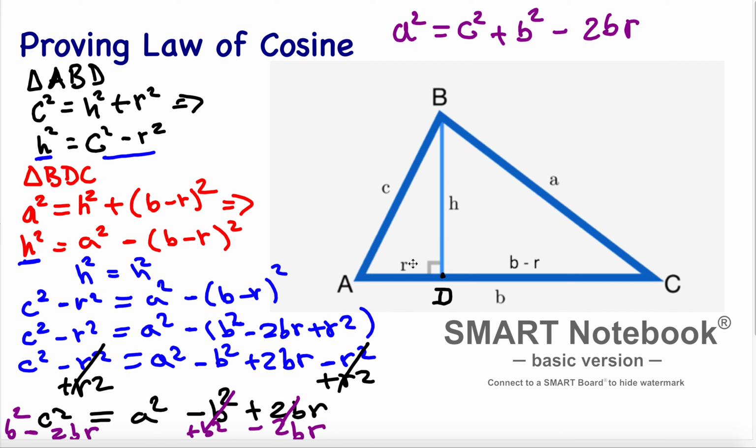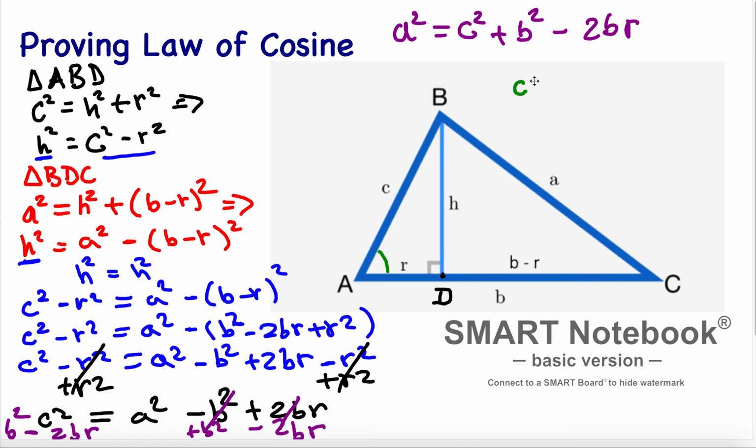Okay. But now I want to know what r is. If we are looking at this r here, and this angle A, the opposite side is h and this is the adjacent side, and c is the hypotenuse. I want the relationship between the adjacent side and c. This relationship is related to the cosine.